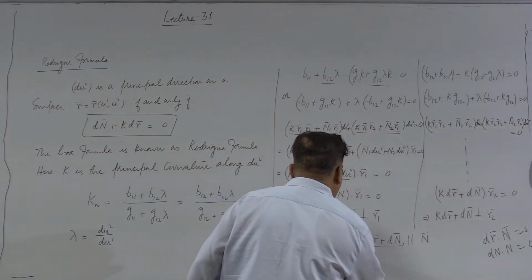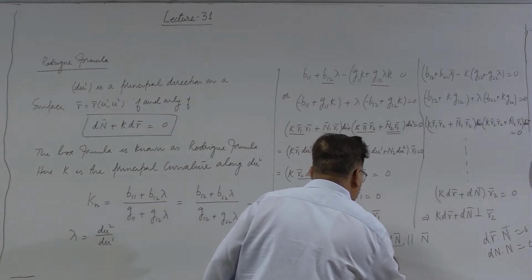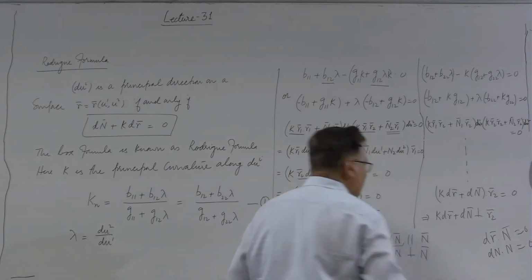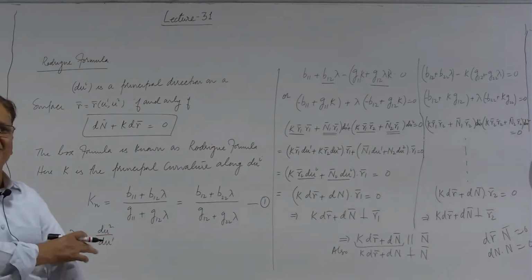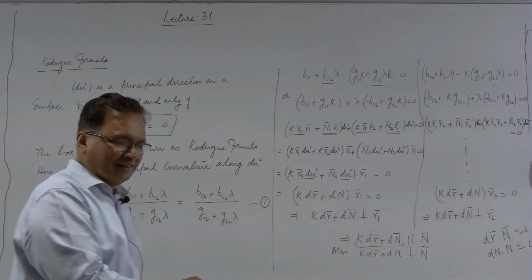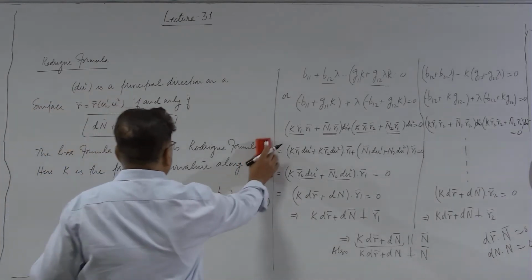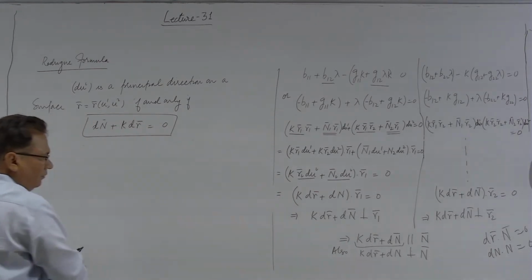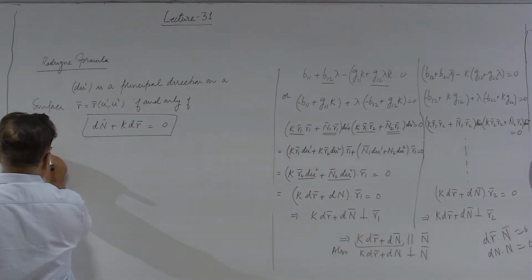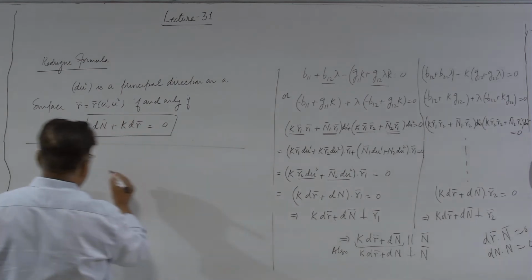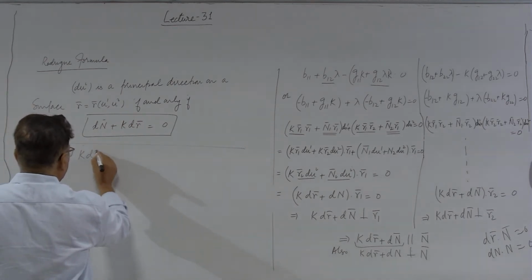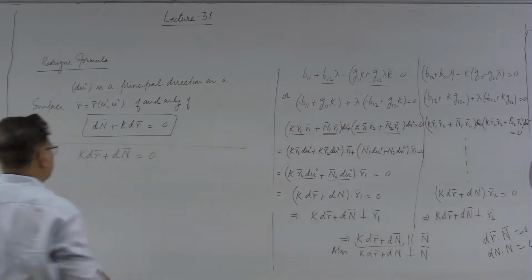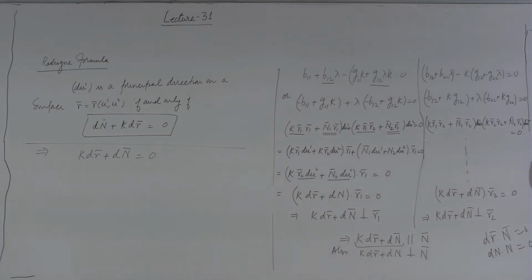Also, k dr plus dn is perpendicular to n. So, a vector which is parallel to n as well as perpendicular to n has to be none other than the 0 vector. So, the conclusion that we draw from the last line is that k dr plus dn is in fact 0, and this is what the Rodrigues formula says.